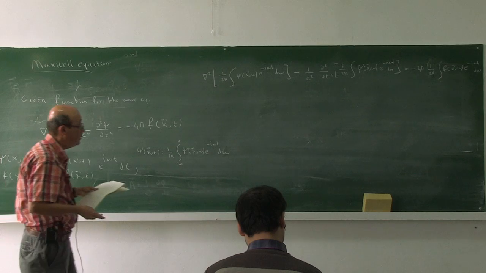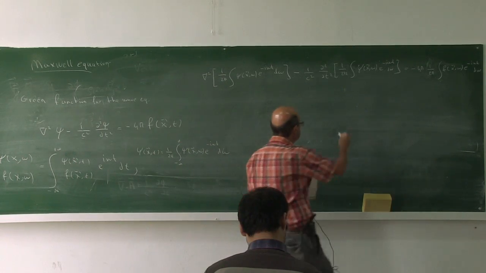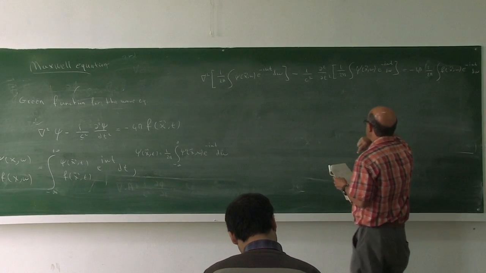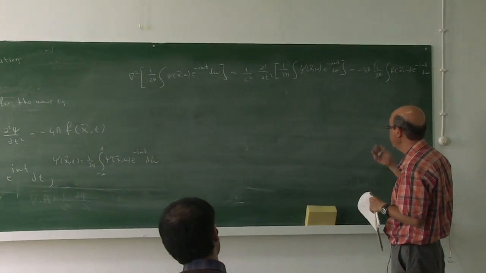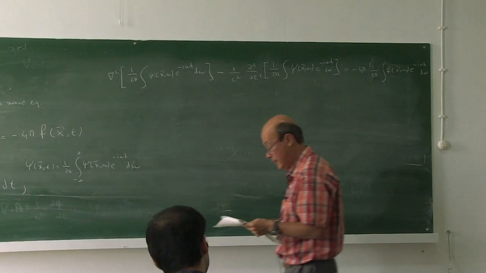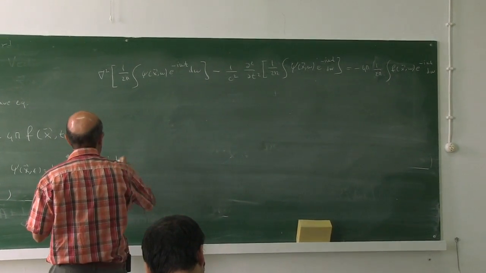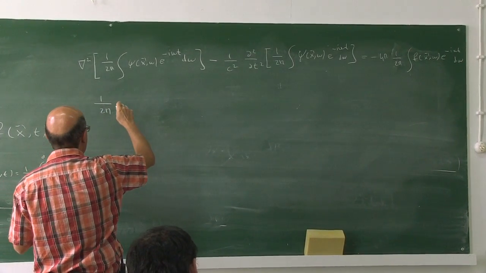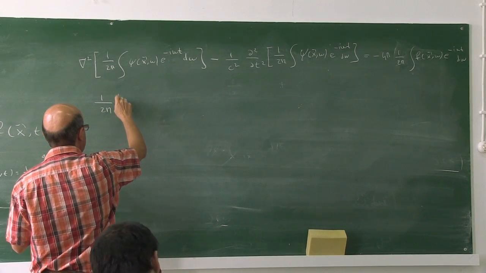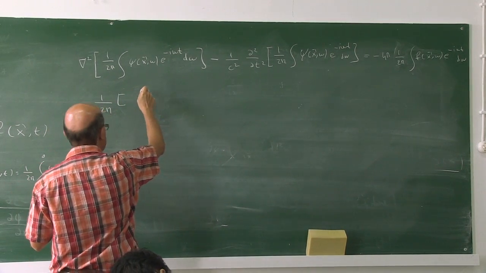So from here, you can take the derivative operator del square over del t square inside, take the two time derivatives, and write everything in one big equation, 1 over 2 pi in the integral form.